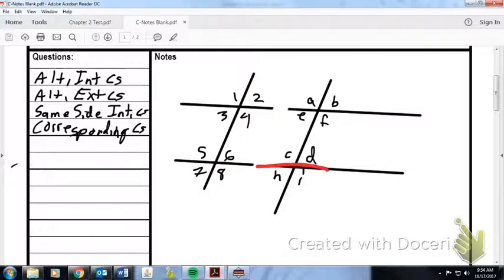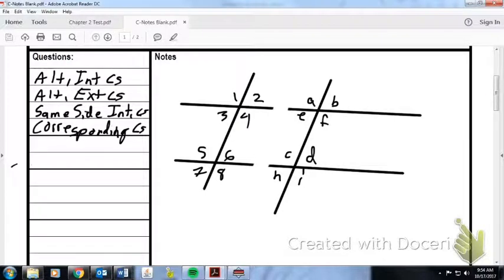Even if I hadn't broken apart that part in the middle, even if we had those same 2 lines right there, it's a different transversal. So because 1 and C lie on different transversals, they are not the same.